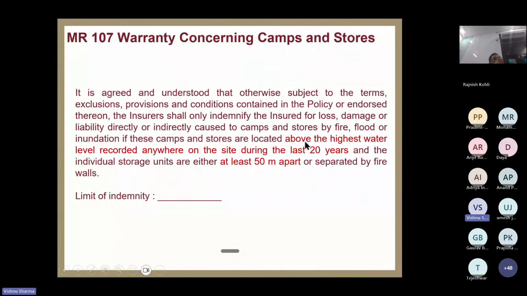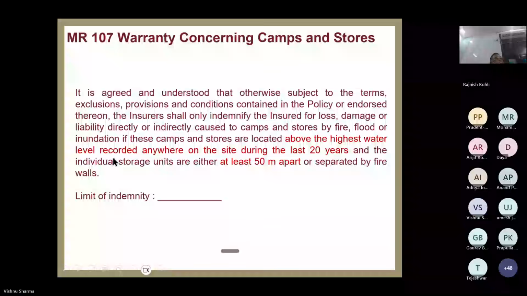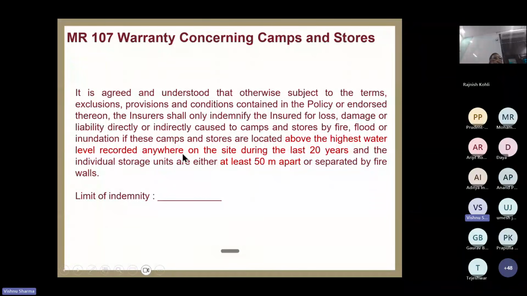okay, by flood, fire or inundation only if the stored material, camps and stores are located above the highest level recorded anywhere on the site during the last 20 years. वही 20 years period condition is stored here.